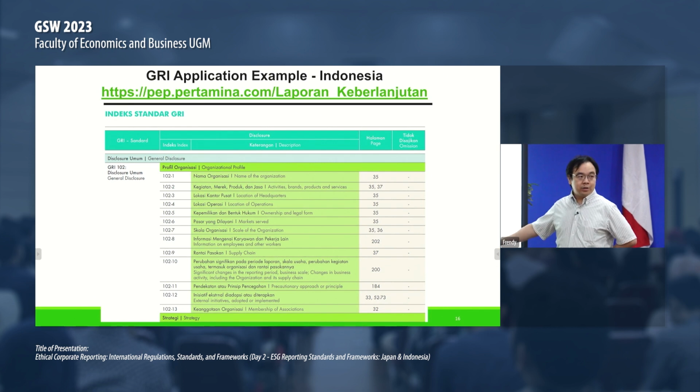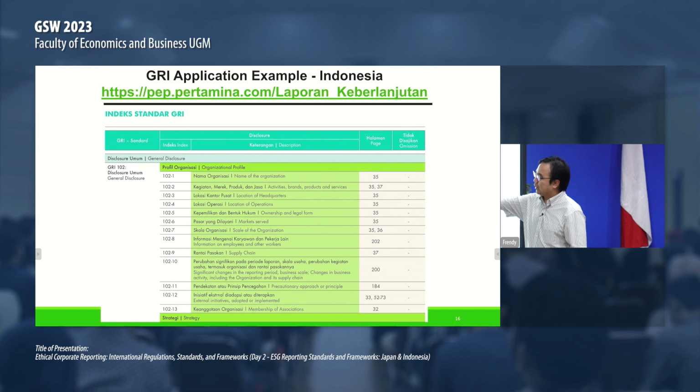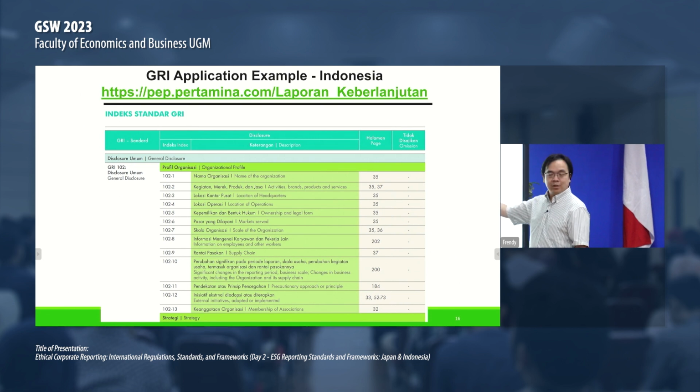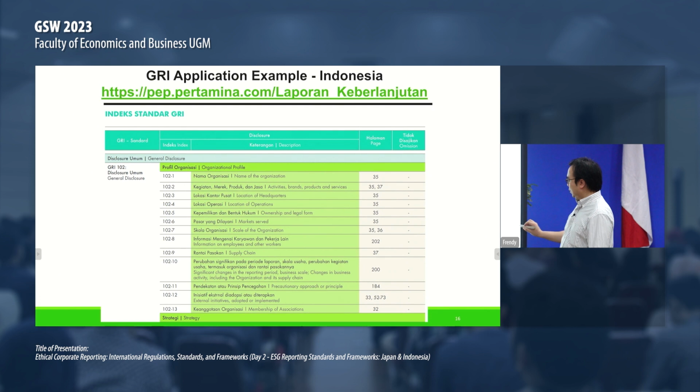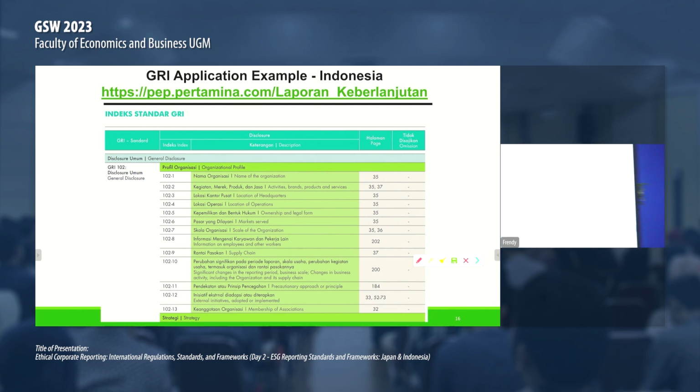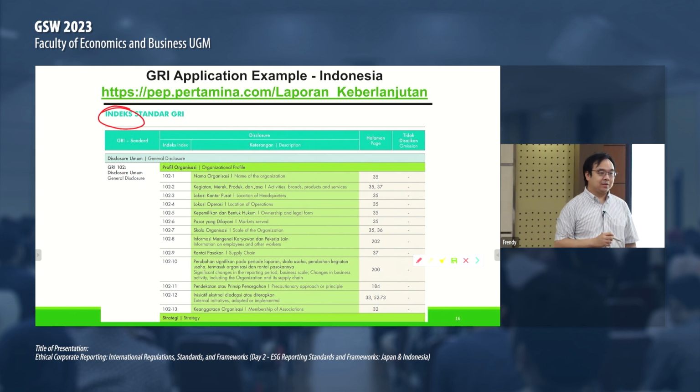And on this page, does the company directly inform us about, for example, the name of the organization? Did they do that? No. So this standard works just like the name suggests here, it's an index.